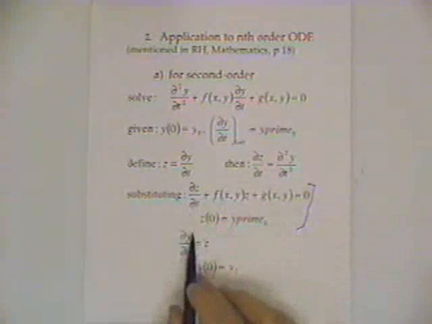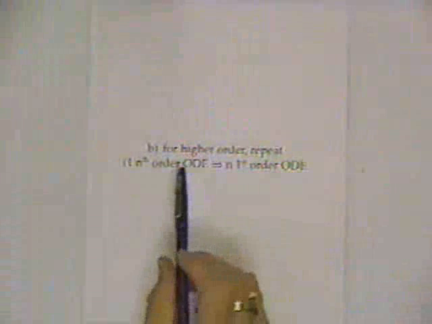So then we can apply Euler's method to solve each of those step by step, as long as we are careful to solve them both together. We can't solve one all the way and then come back and solve the other. We have to solve each of them step by step together. We can then repeat that process for higher order ordinary differential equations.